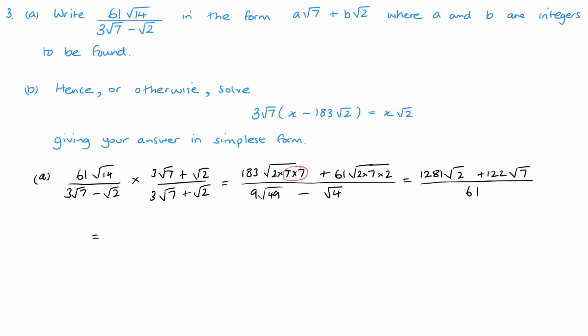So 1281 over 61 leaves me with 21, so 21 root 2 plus, and then 122 divided by 61 we'll remember is 2, so it's 2 root 7.